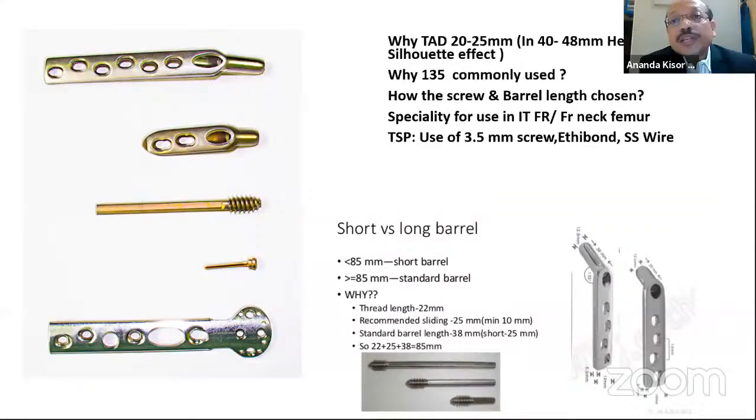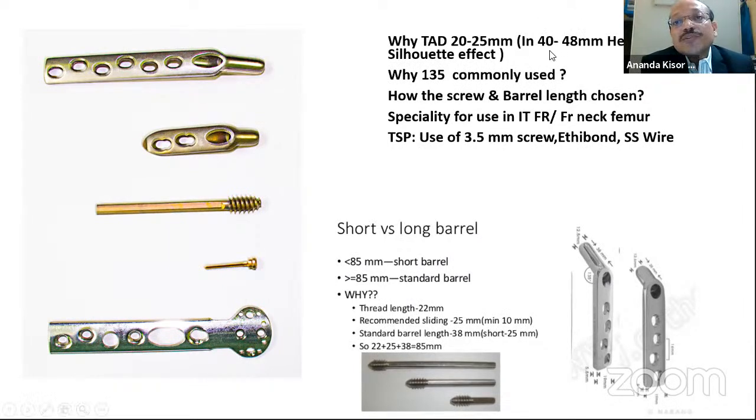If it is a 40 to 48 millimeter head, one-fourth in the AP view is 10 millimeter. In a 48 head, in the AP view it is 12 millimeter. So that has to be removed from the center. Similarly, what is TAD? Basically, it is the distance between the center of the head and the proximal-most extent of the screw, and it is the sum of the AP view and the lateral view.